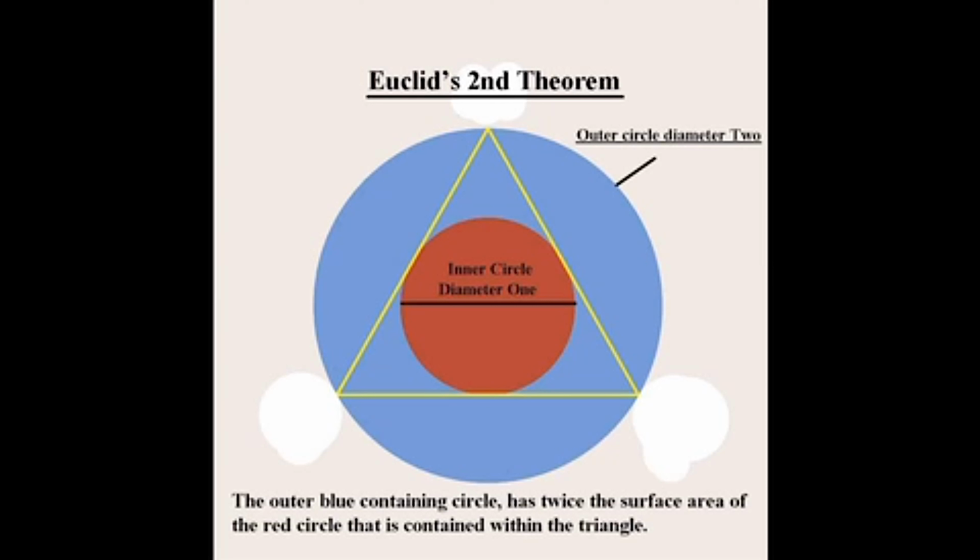The ratio of the big circle, the enclosing circle, to the smaller enclosed circle is 2 to 1. Always. It's a beautiful thing, and the circle makers seem to love this idea. They're showing us the 2 to 1 ratio.